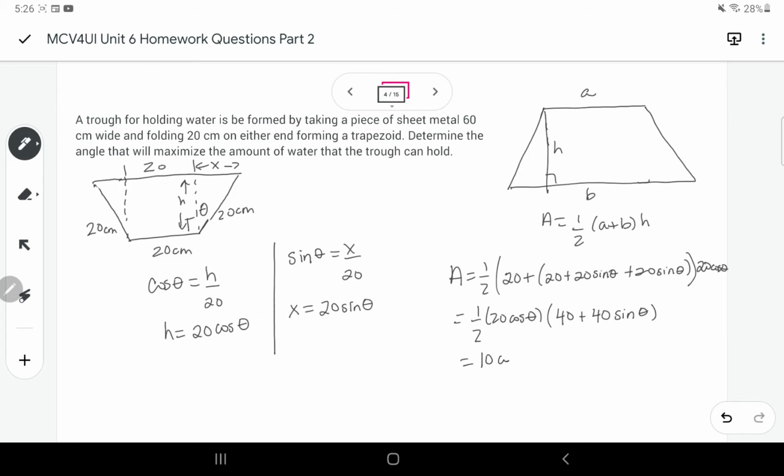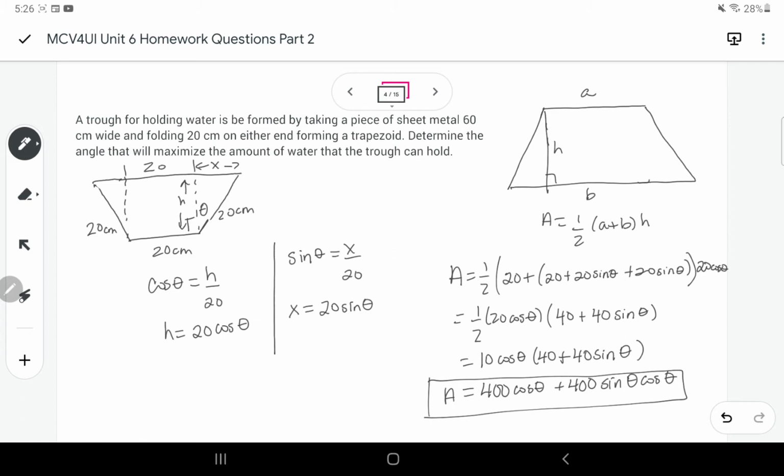So 10 cos theta times 40 plus 40 sine theta. Then I get 400 cos theta plus 400 sine theta cos theta. And that's what I want to use to find the maximum area.